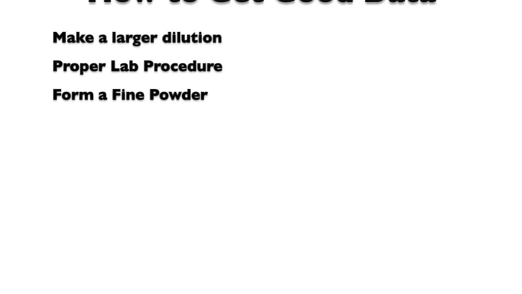You should also, when using the weigh boat, make sure you're definitely zeroing out the weigh boat when measuring the mass of the chemical you're using. You should make sure that if your chemical is pellets and you need to crush it, you're forming a very fine powder in order to fully dissolve it in the deionized water.